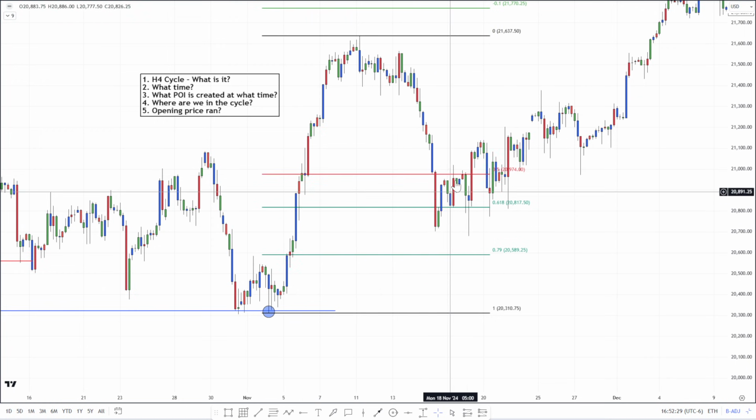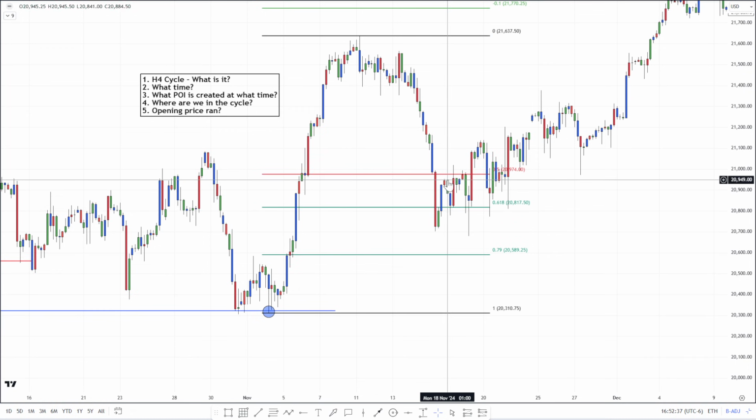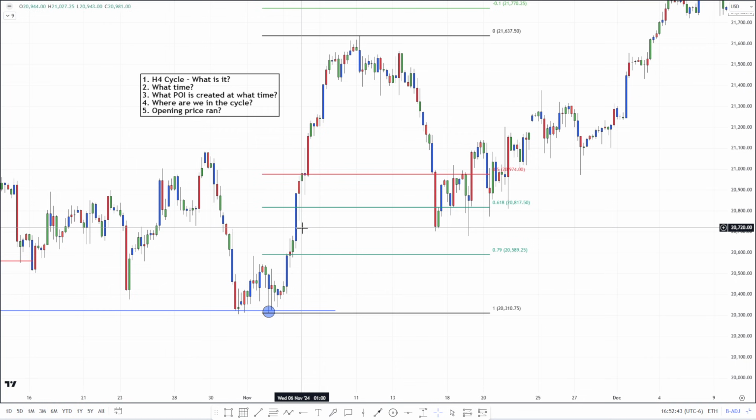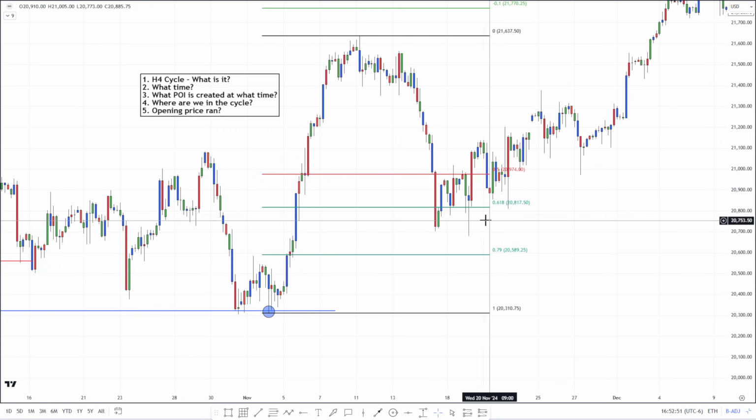Short-term high. Look for these wicks. Look for this pattern. A low and a point of interest runs this low. Rebalances. Short-term high. Oh, fair value gap. 5 o'clock. Fair value gap. Nice rejection out of that fair value gap.